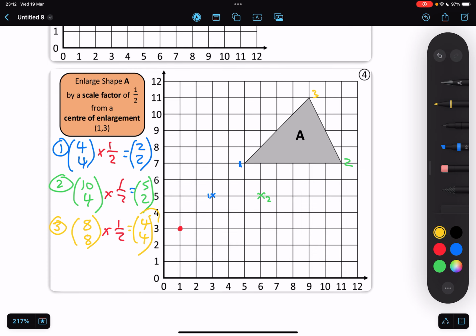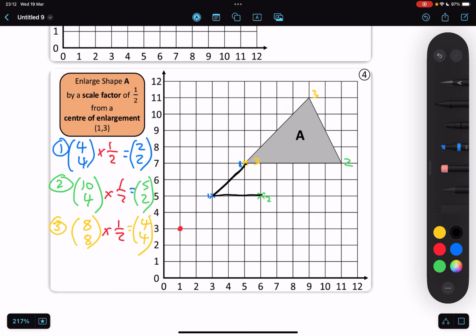And lastly, point number 3, which is 4, 4. So 4 to the right, 1, 2, 3, 4. And then we're going to go 4 up, 1, 2, 3, 4. Okay, up there. That's going to be our new point number 3. Having done that, because we have our 3 points, we can draw our new shape.